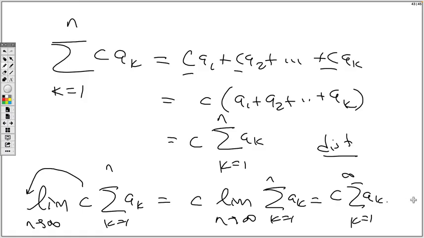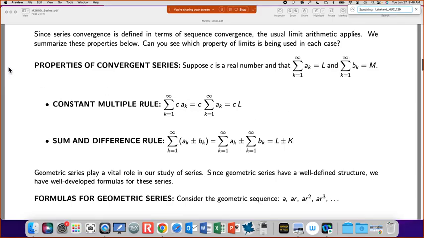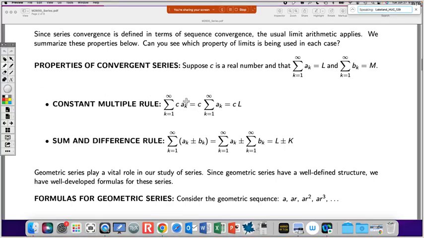Okay. So if you have a convergent series, if the A sub k's converge and C is a constant, you can move that constant out front. What about addition and subtraction? Can you rearrange terms with addition and subtraction and regroup terms?